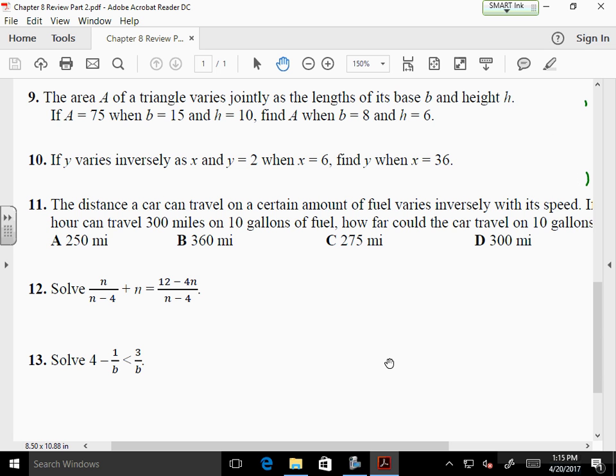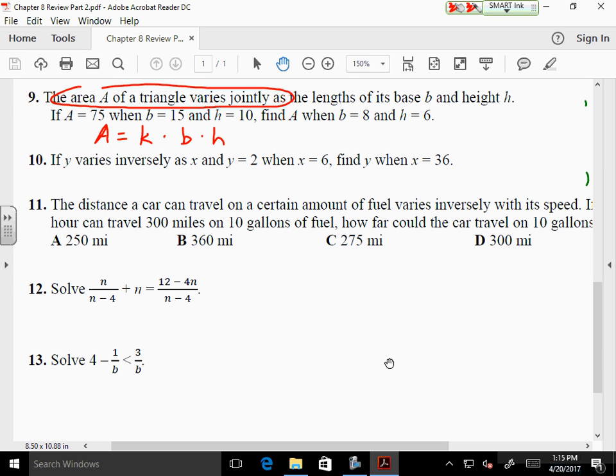Number 9, if you didn't know the formula for the area of a triangle, and you've never learned it, then you can still do this problem. If we pretend like we don't know that area, but if we want to set it up as a joint variation, it would be k times b times h.